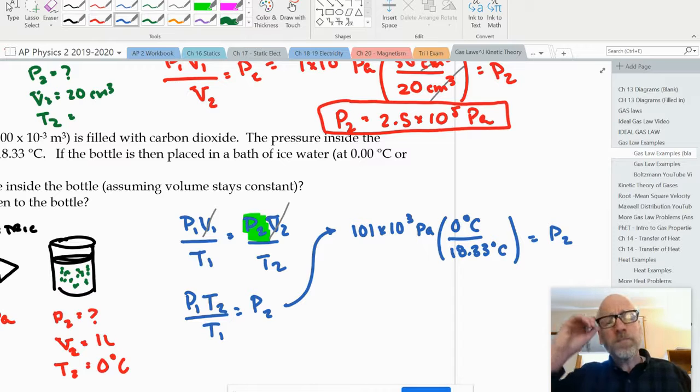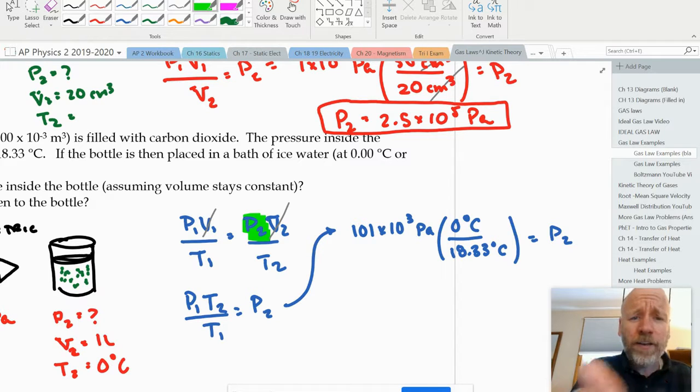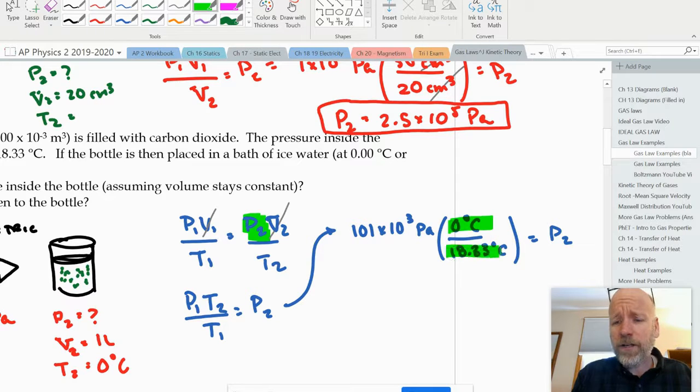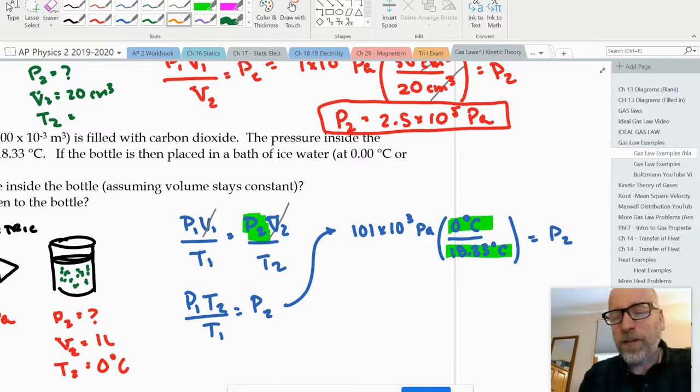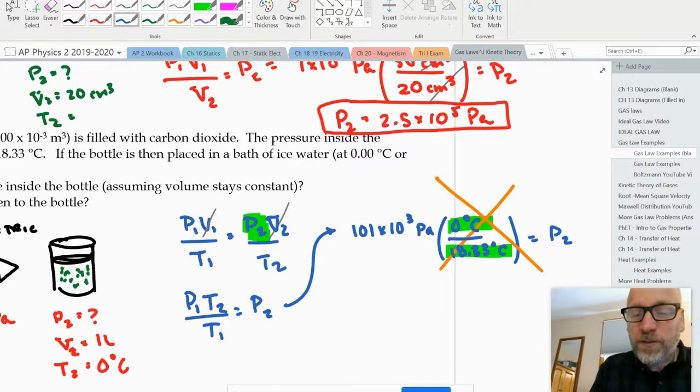Is that right? No, it's not right. Brady, what's wrong? Yeah, you're right. I just earlier said that the temperature's got to be in kelvins. Even though the degrees Celsius would cancel out, I still need to convert it into kelvins so that it's on the proper scale. You guys are so nice to just let me do that, even though I knew as soon as I started writing it that you knew that was wrong.